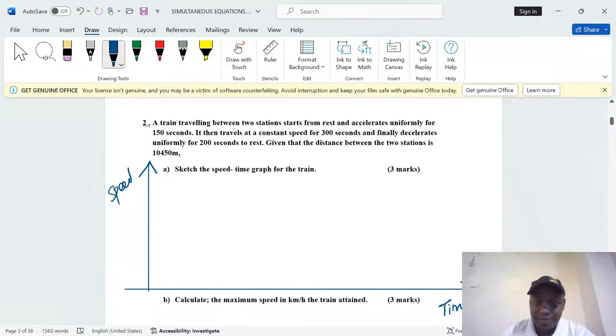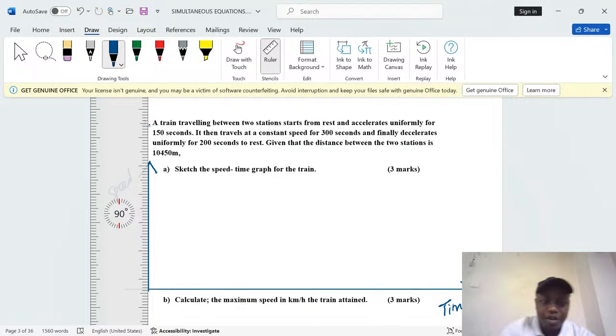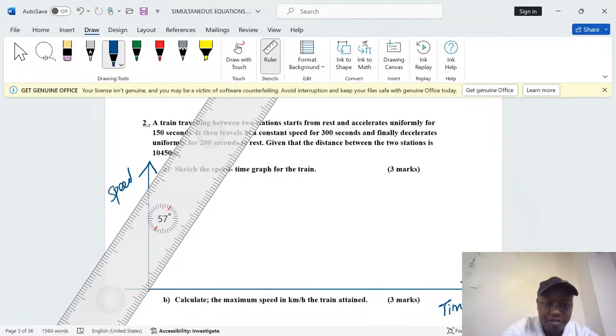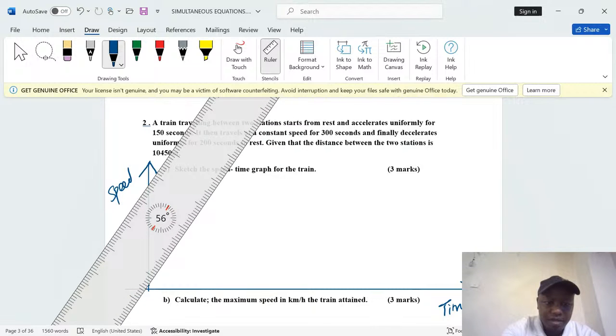From rest, the train is accelerating uniformly for the first 150 seconds. Therefore, we're going to talk of a uniform acceleration from rest in the first 150.